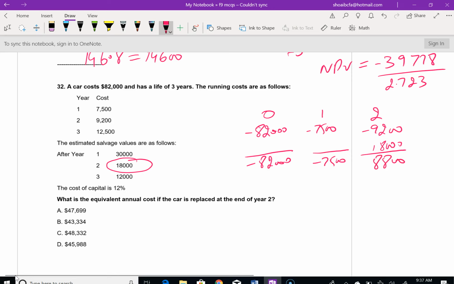Positive. Okay, let's discount at 12%. It will be exactly the same. But if we discount at 12%, this will be 6,696. And it will be 7,015.